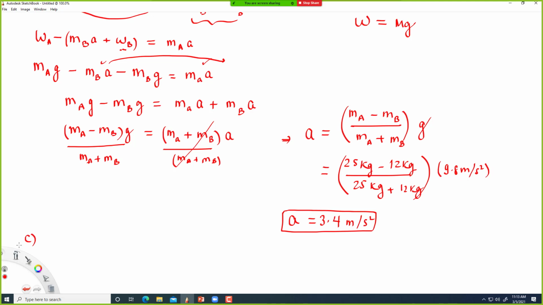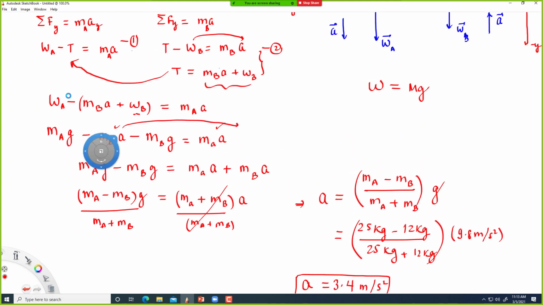Part C, what is the tension in the rope? So we want to find tension. You can substitute this acceleration in one of the equations to find the tension. So go back to the equations here. Either choose 1 or 2. Let's say 2. So we have T is equal to MBA plus WB, which is MBG.